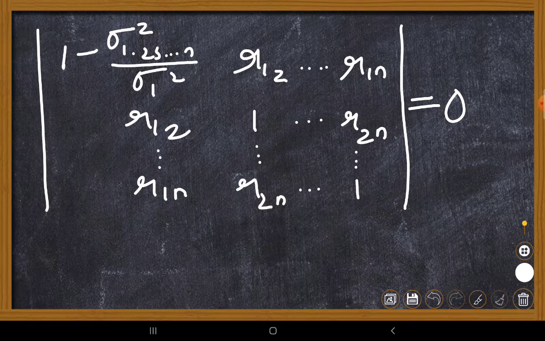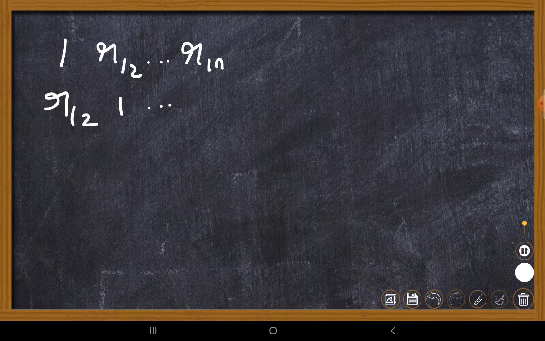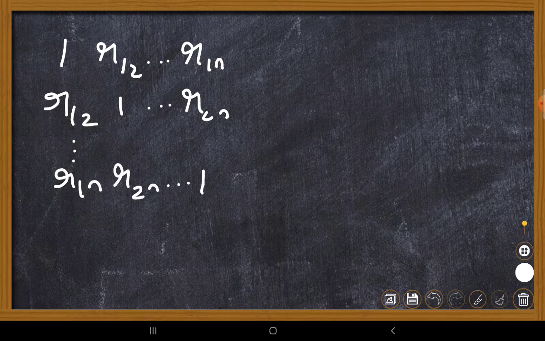Now this determinant is the same thing as writing plus 0 and so on, plus 0 like that, and we can split this. The main objective is to split this term here into two determinants. So you will have one determinant: 1, r12 up to r1n, then r12, 1, r2n, then r1n, r2n up to 1.